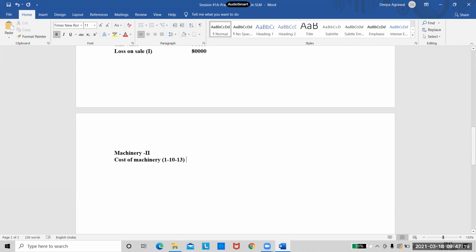And what is the amount we purchased it for? 1 lakh. So see, when was the first depreciation provided? Depreciation was provided on 31st March 2014, and that was 5,000. So if you deduct that, you will get 95,000.